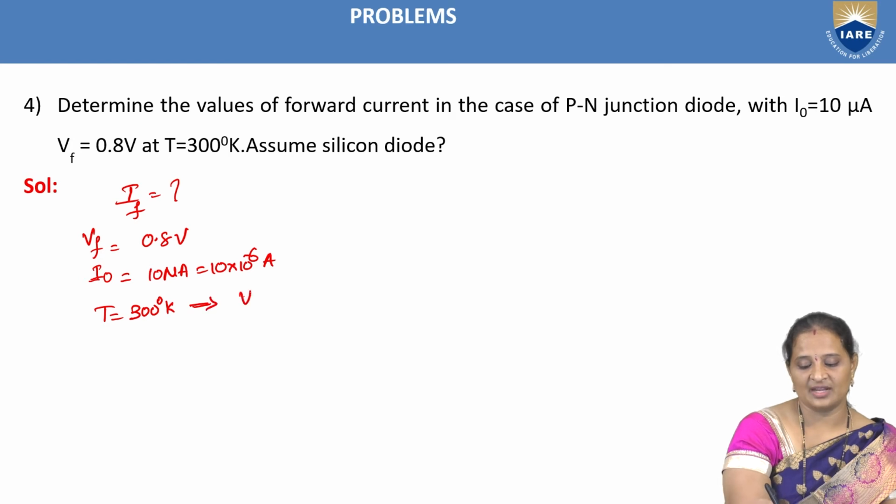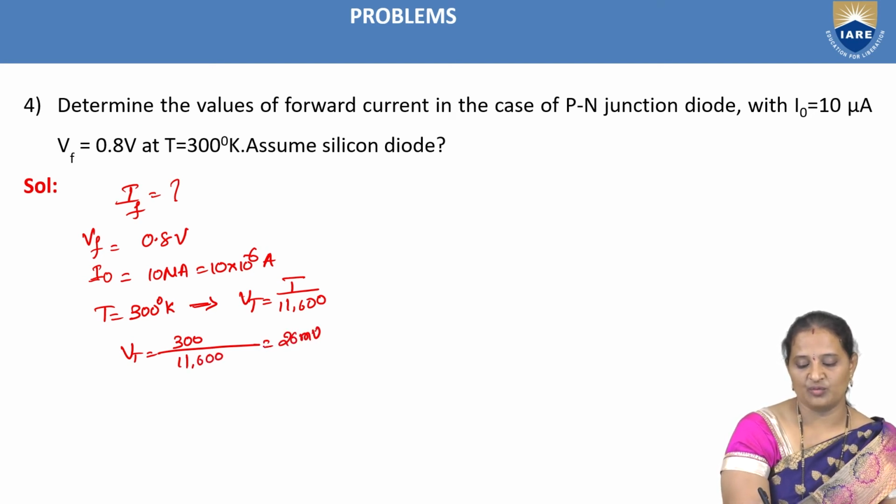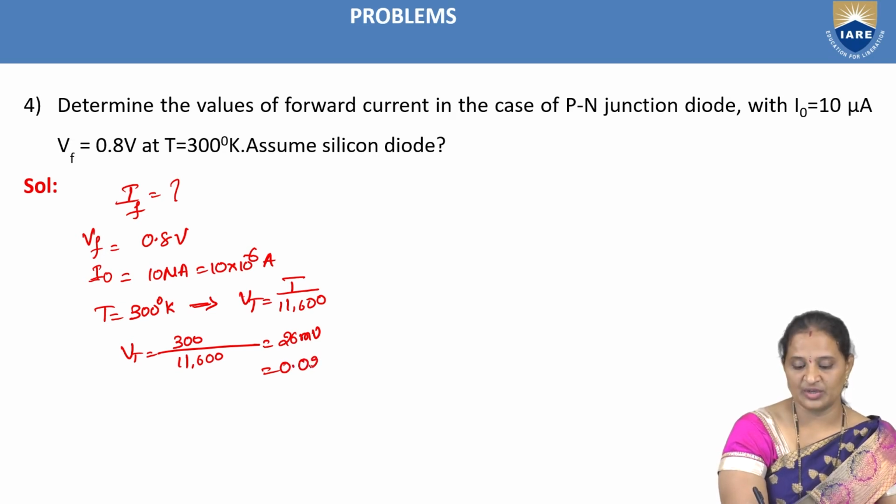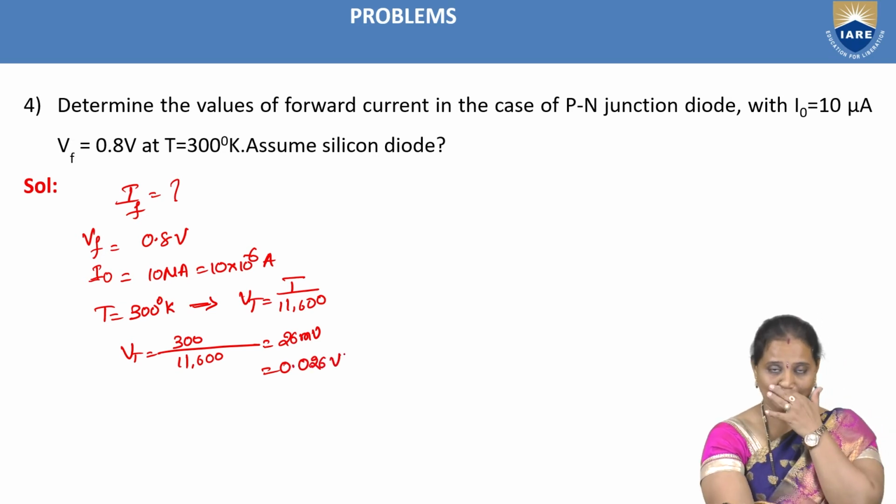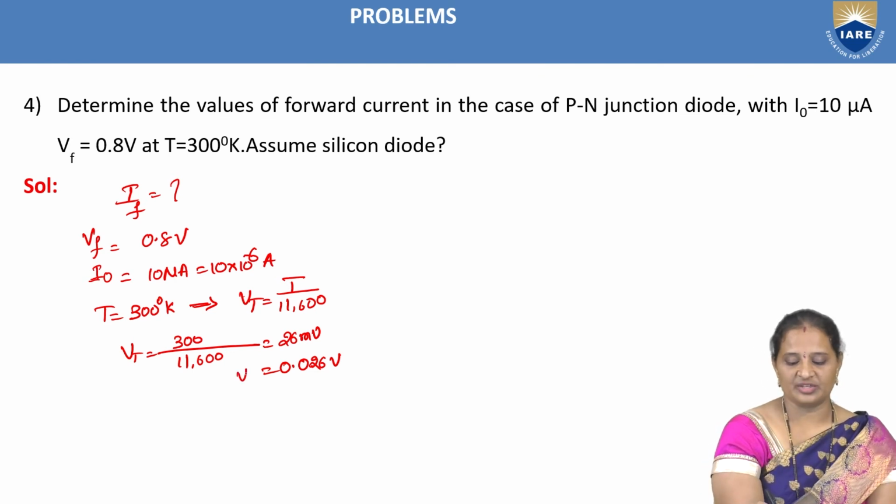This implies that Vt is equal to T divided by 11,600, where Vt is equal to 300 divided by 11,600, which is 26 millivolts, or else we can also write it as 0.026 volts. So this is Vt.